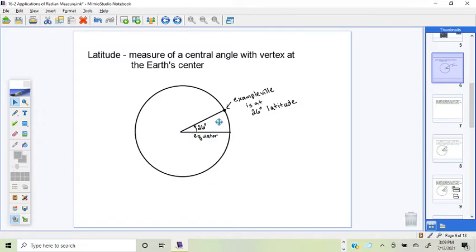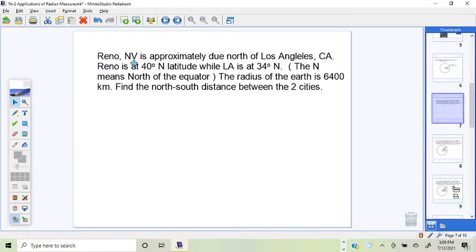If you don't, let's just remember that the latitude lines are the ones that go around the Earth this way, and those lines are measured as the number of degrees tilted up from the equator. So Exampleville is at 26 degrees latitude, just so we have some kind of example. But let's take a look at Reno, Nevada and Los Angeles, California.